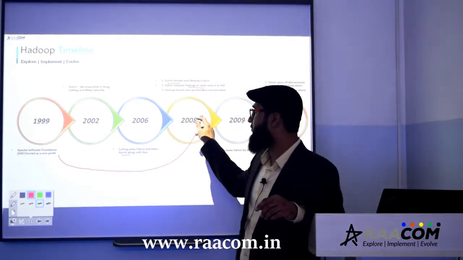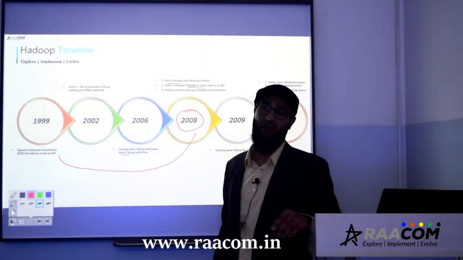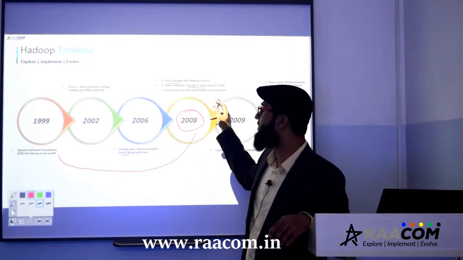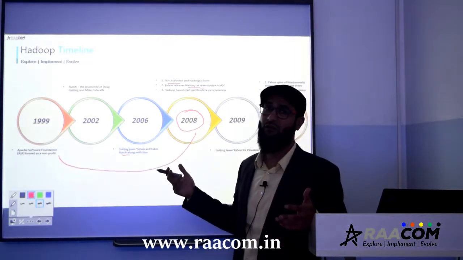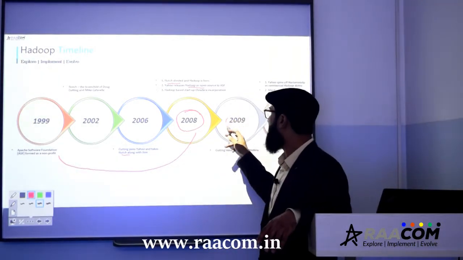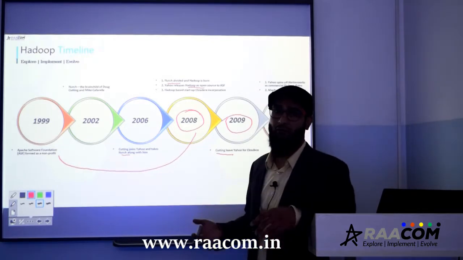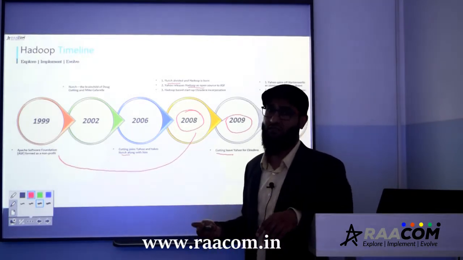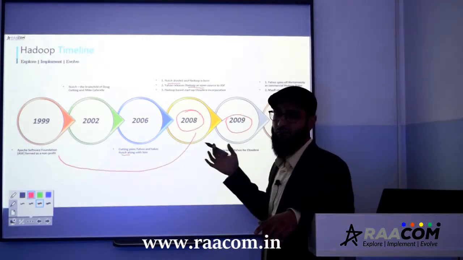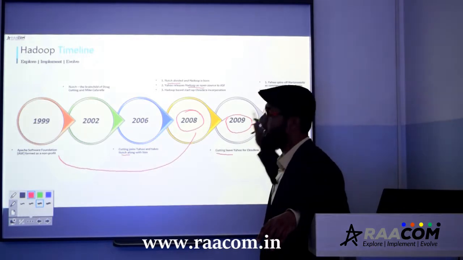And if you recollect, this is the year where the big data buzzword was called out throughout, and Cloudera was the first and only distributor for Hadoop. And in 2009, Douglas moved from Yahoo to Cloudera as a chief data architect. And in 2011, there were two other distributors that came into existence, Hortonworks and MapR.